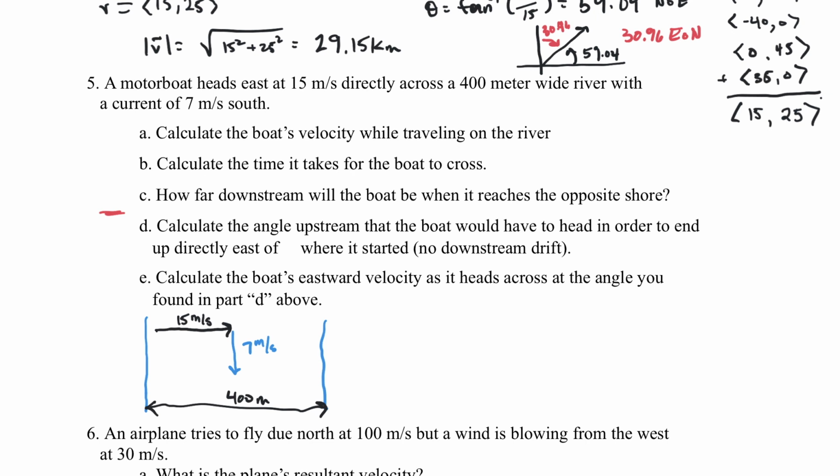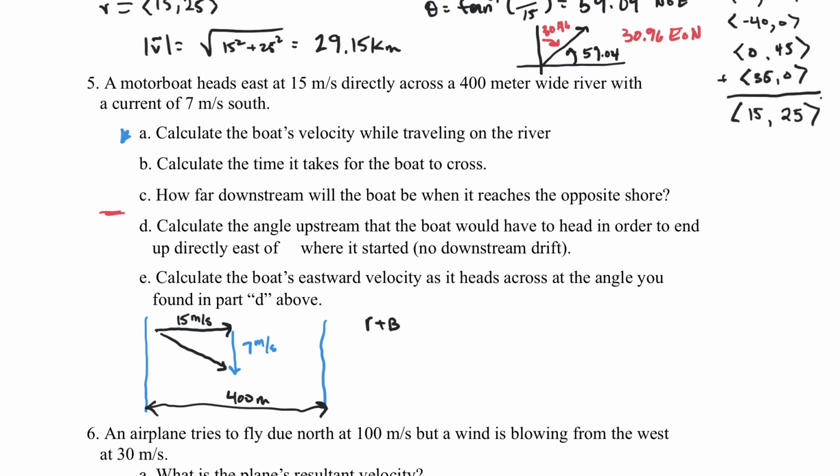So for part A, we want to figure out what the boat's velocity is just inside the river. We're really looking at this vector here. What is the magnitude of that vector, the speed of the boat inside the river? So here we go, river plus boat.